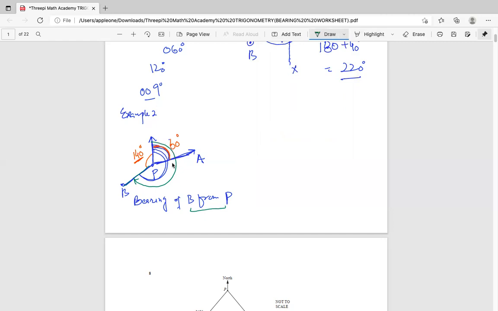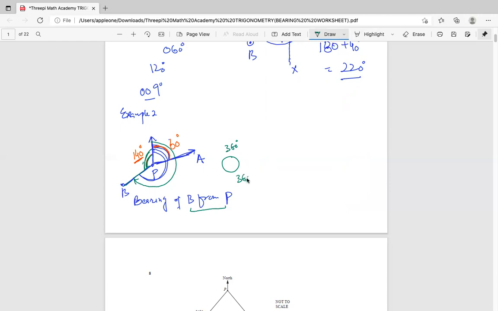Now how to find this bearing? Very simple. Look, if this is 140 degrees, this 140 given to us, what will be this green angle? It's very simple. We know that this is giving us 360 degrees. Now, if this is 140, what's this angle?